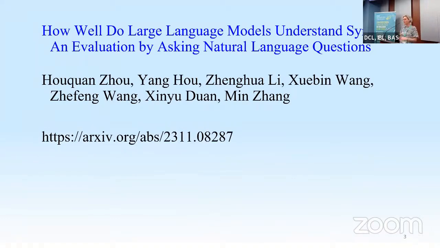So most of these papers actually are on arXiv. You know that nowadays they just hurry to put them there just to have their ideas reserved. And some, of course, are published. The first one is: How well do large language models understand syntax?